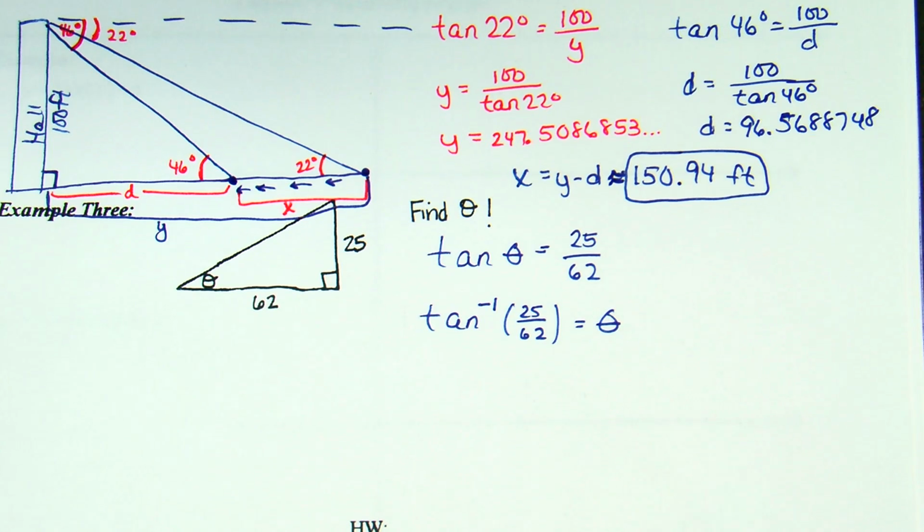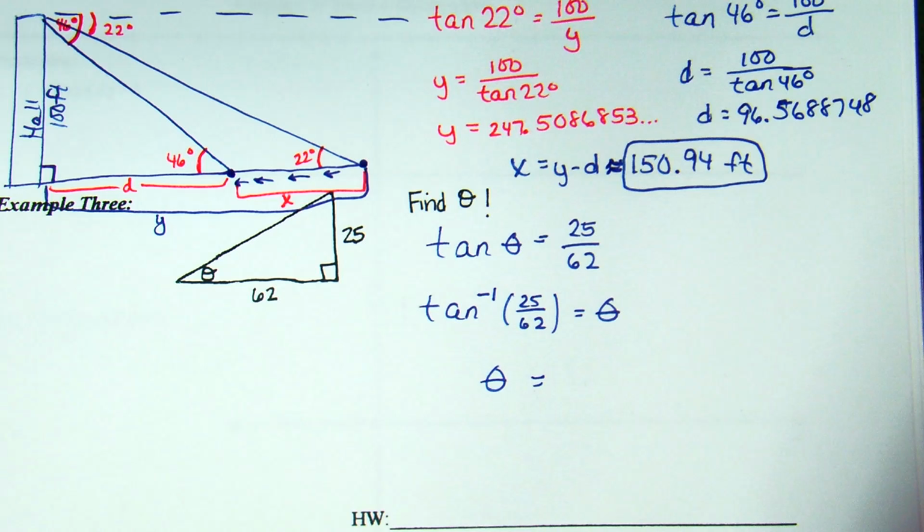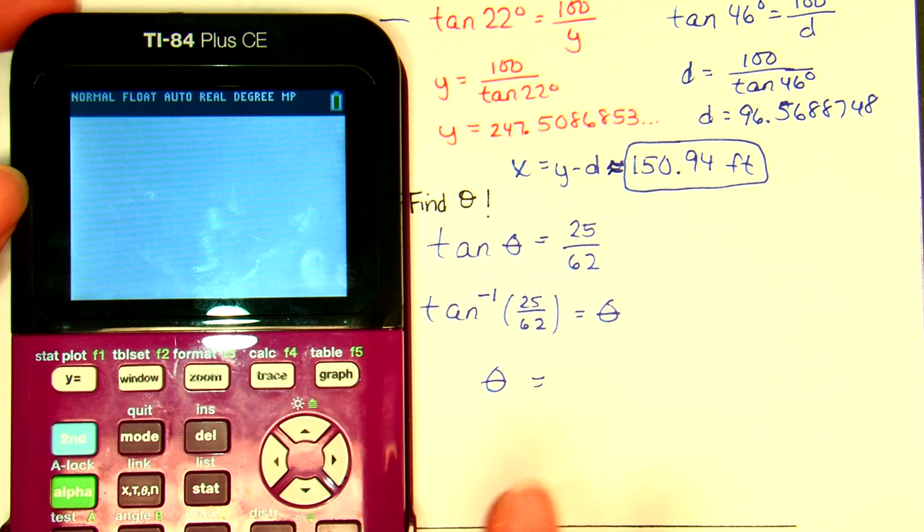Can you punch this in a calculator? Yeah. Again, make sure you use the tangent inverse function. It's right above tan, so second tan, and it brings up a tan to the negative 1. Okay, that's when you have tangent inverse. And then in this case, you can type in 25 divided by 62, or you could do your fraction, 25 over 62.